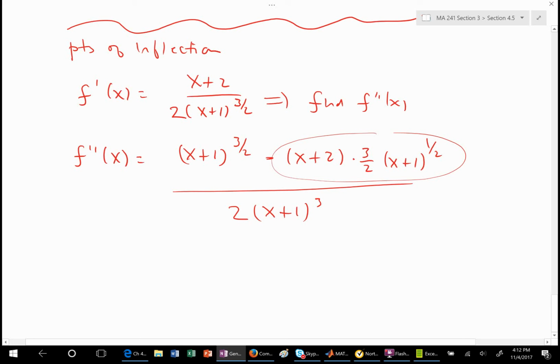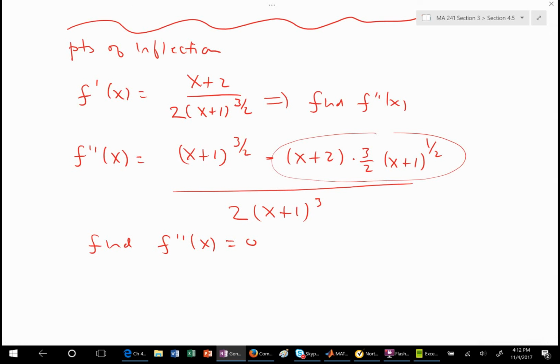Okay, now what I want to do is see if there's any solutions to the second derivative of x being equal to 0. And I'm going to have a problem because I have roots in the numerator.